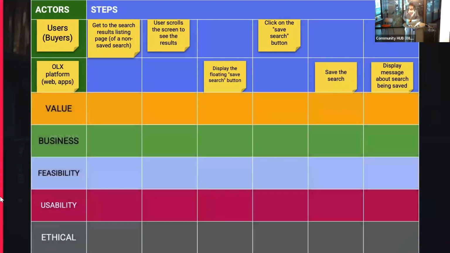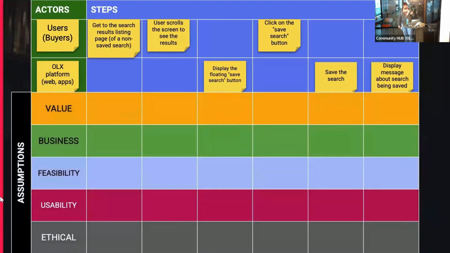So there's value risk, business risk, feasibility risk, usability risk, and the added one, ethical risk. So value. Do I actually deliver value by doing this? So do users have this problem, or will they extract value out of this?